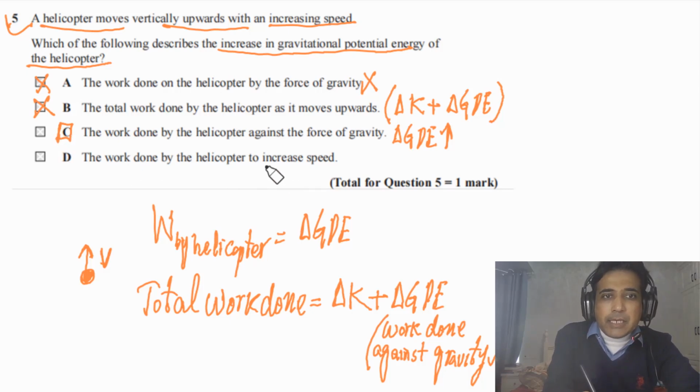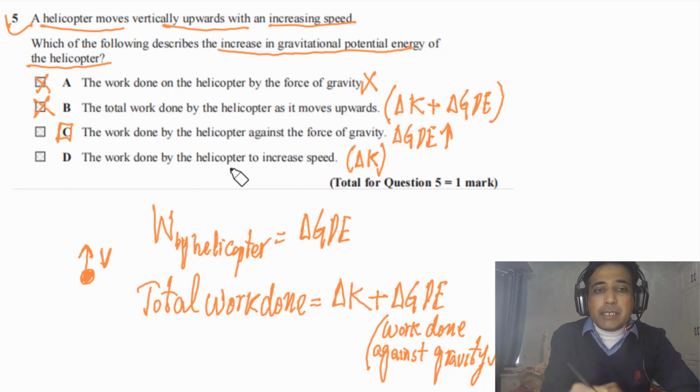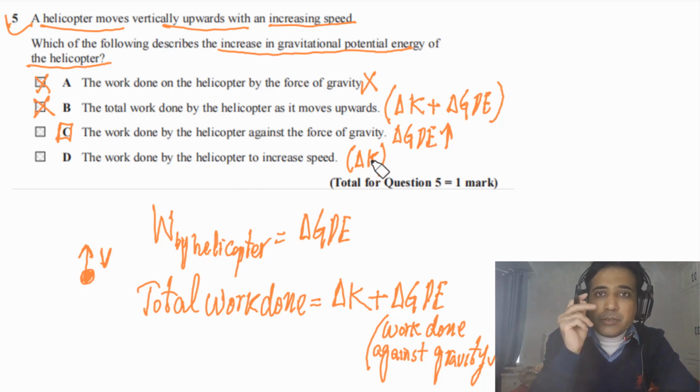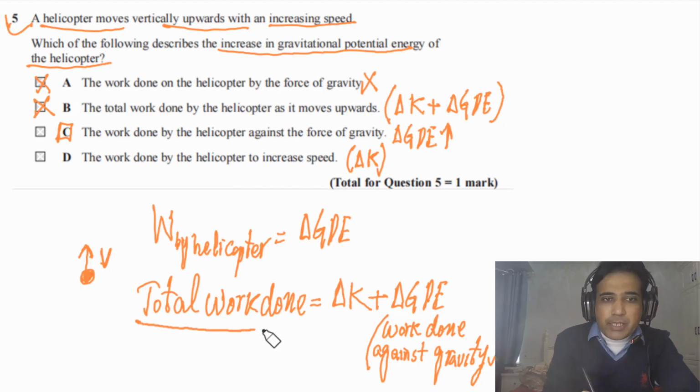The work done by the helicopter to increase speed is the gain in kinetic energy. So they can ask you next time what is the work done by the helicopter to increase speed, that is the gain in kinetic energy. So the total work done by the helicopter is representing the helicopter.